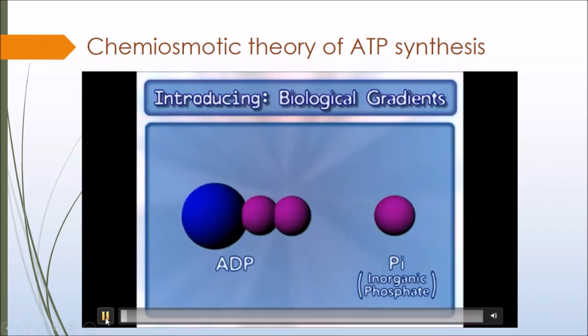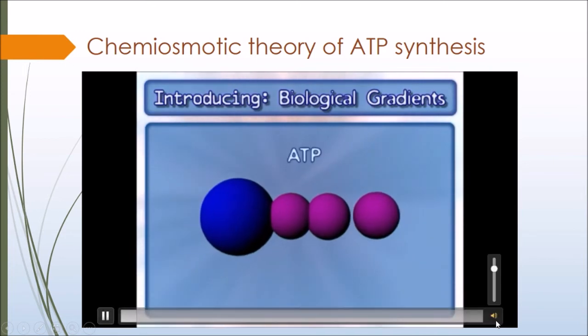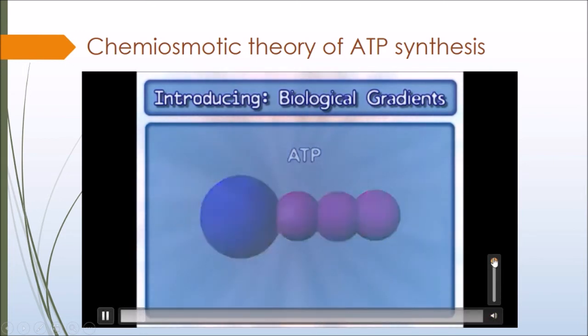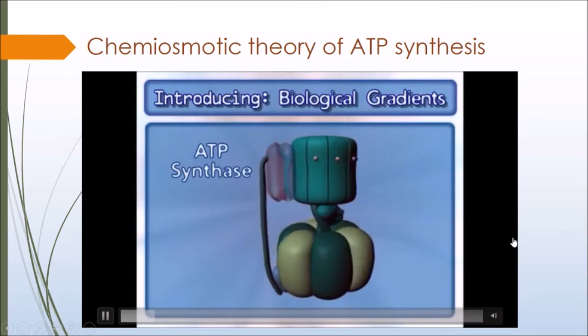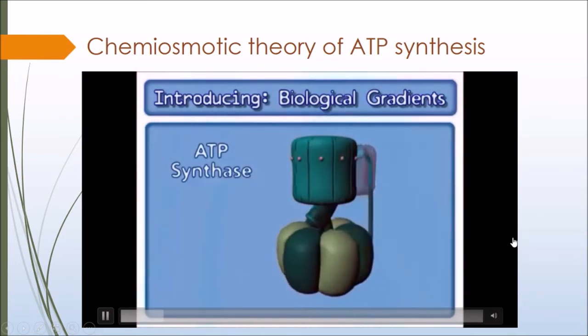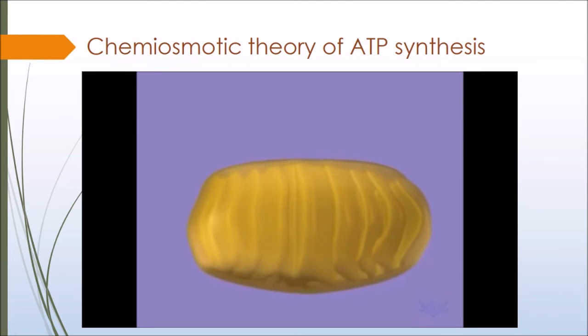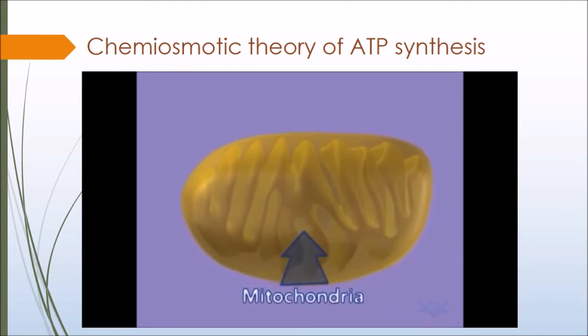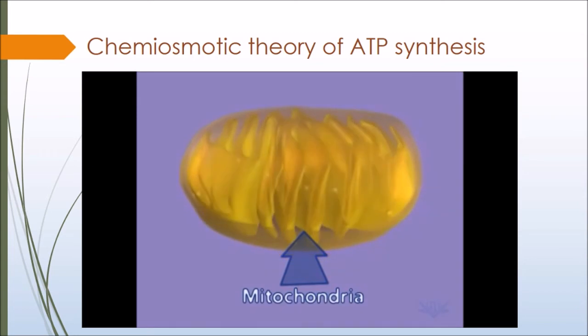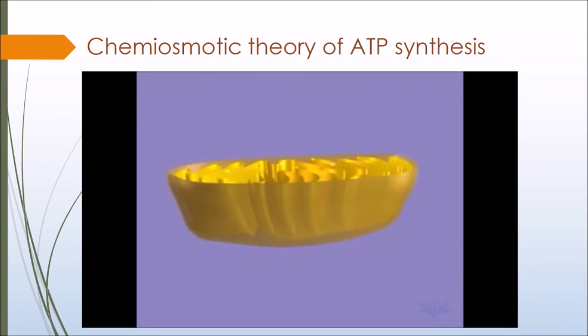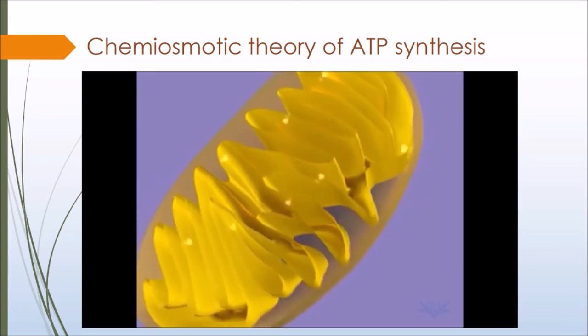It uses ADP and inorganic phosphate, also known as Pi, to synthesize ATP. This process involves an enzyme complex called ATP synthase. Gradients and the potential energy they create are key aspects of the biological world. A good example of the use of a gradient occurs in the mitochondria when ATP is synthesized.